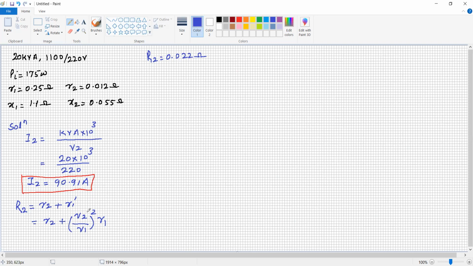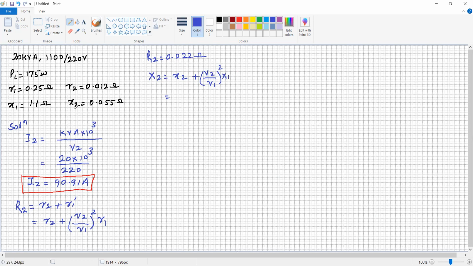Similarly, the reactance we are referring to the secondary side. Okay, definitely it is V2. X2 is equal to X2 as it is plus V2 upon V1 bracket square into X1. Okay.